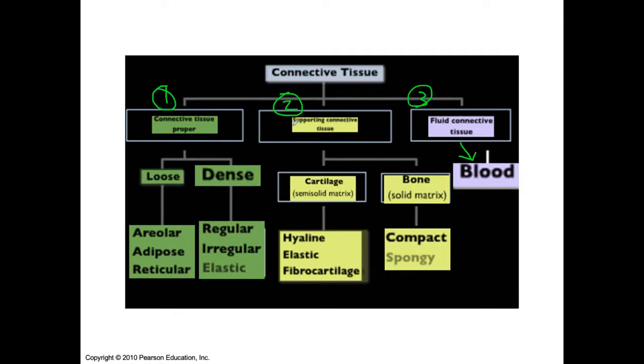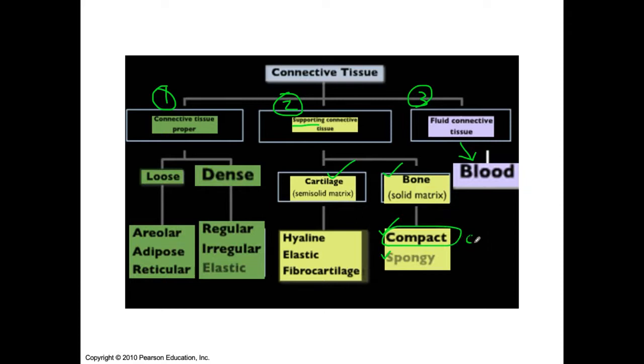Under supporting connective tissue, the key word there is supporting. When I think of what type of tissue supports the body, I'm thinking like bones and cartilage. And when we talk about bone, we'll be talking about compact bone and a little bit about spongy, but a little bit more focus on compact bone.